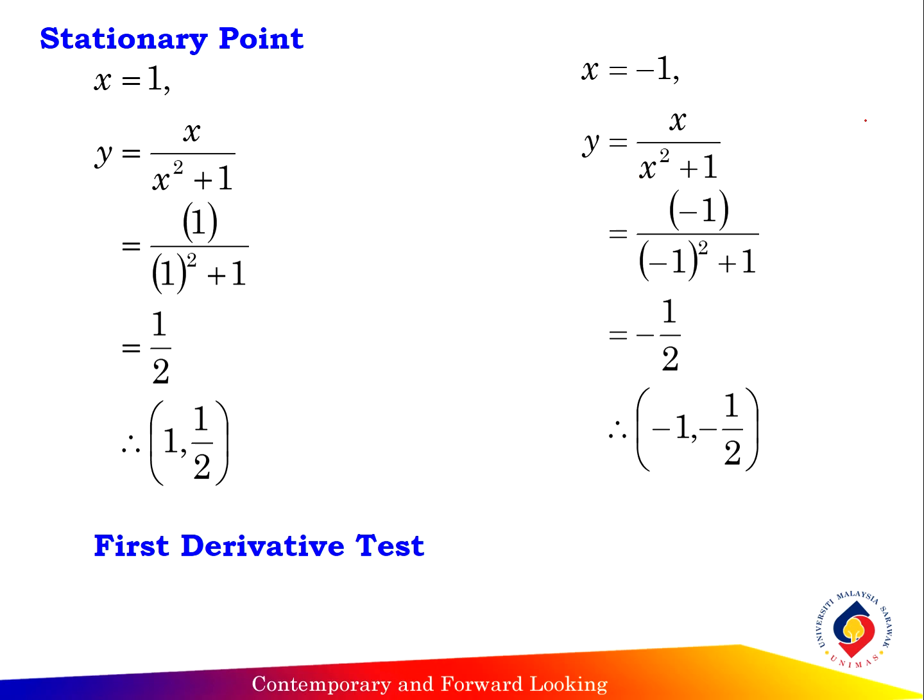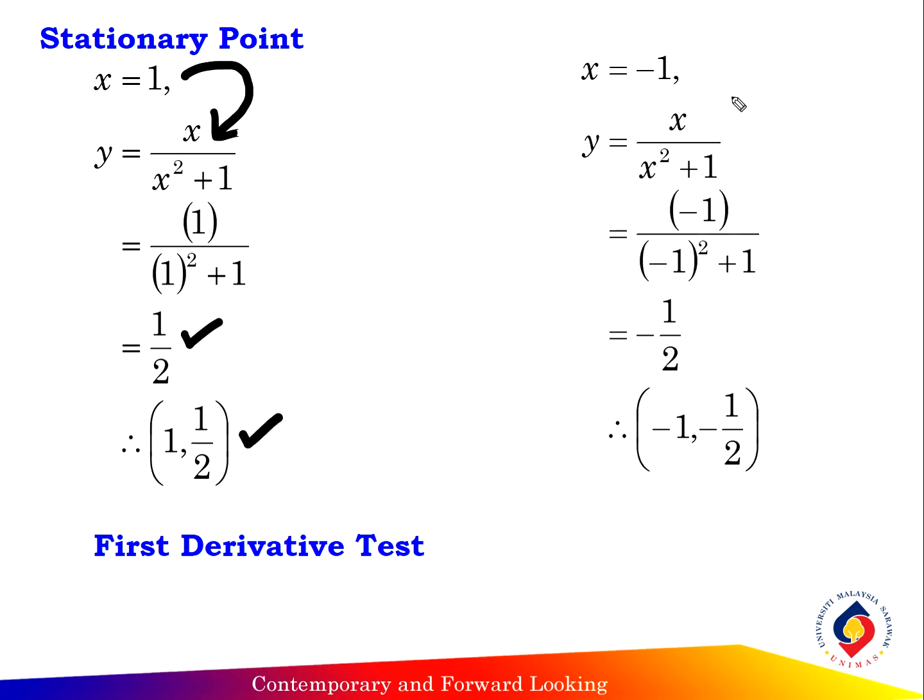Okay, and find the coordinates of the stationary point. First value of x here equals positive 1, and you substitute into the rational function x over x squared plus 1, and the value of y here equals 1 over 2, and the first point is 1, 1 over 2.